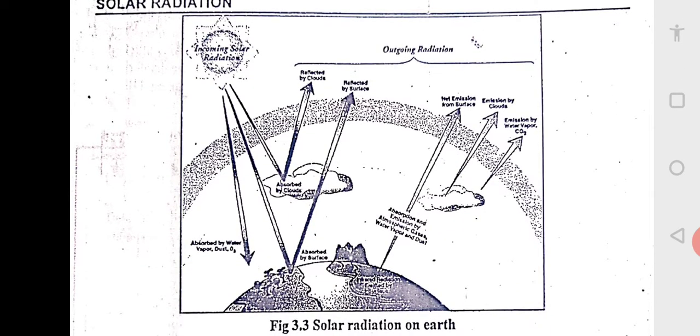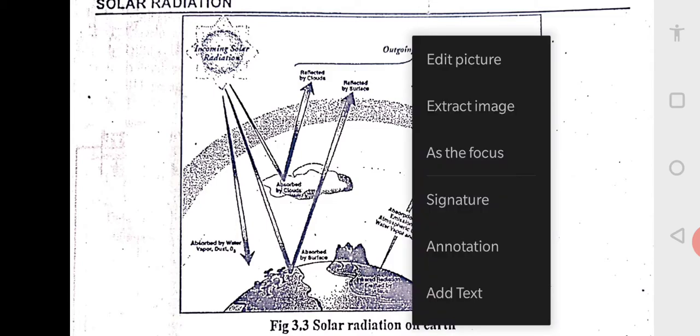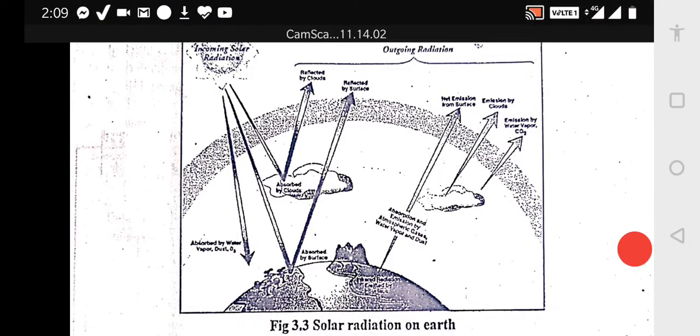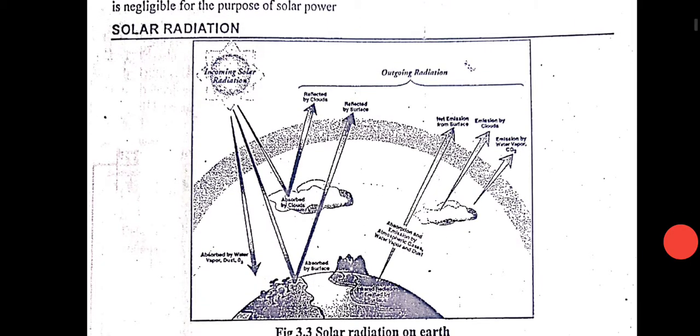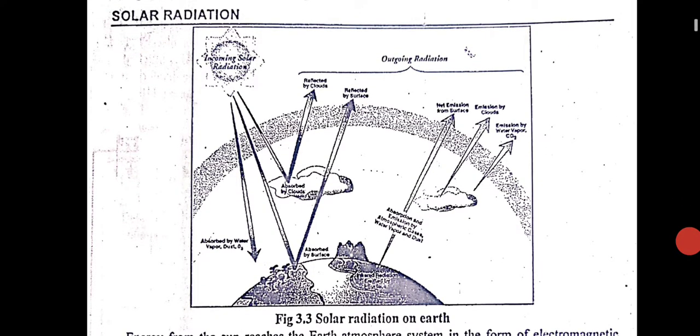Next, let us look at solar radiation. You can see the sun on the top left, and at the bottom you have the Earth. Some rays are coming directly from the sun to the Earth. Some are absorbed by the clouds and reflected also, and some rays are reflected by the Earth also.